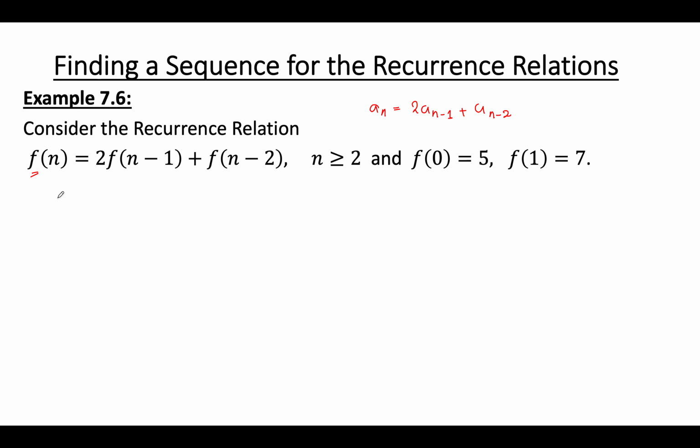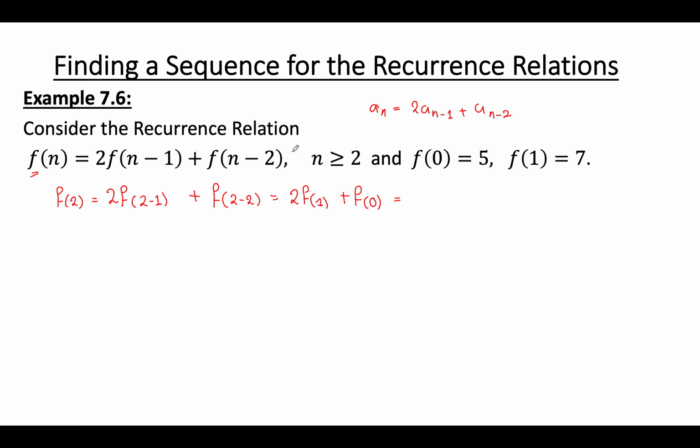Here we start from 2. So f(2) is equal to 2f(2-1) plus f(2-2). So this is equal to 2f(1) plus f(0), since 2-1 is 1 and 2-2 is 0.